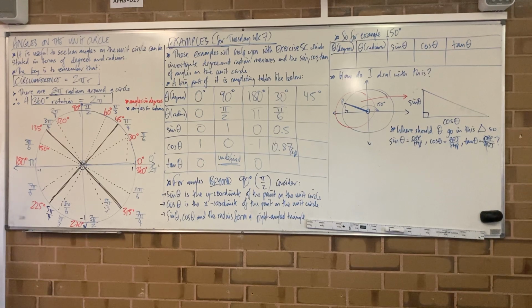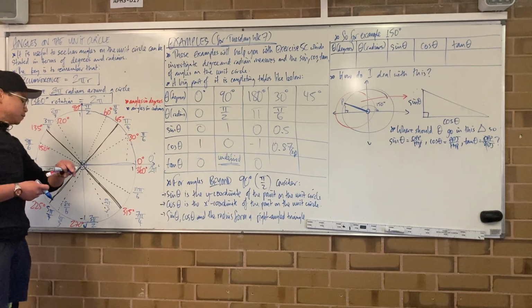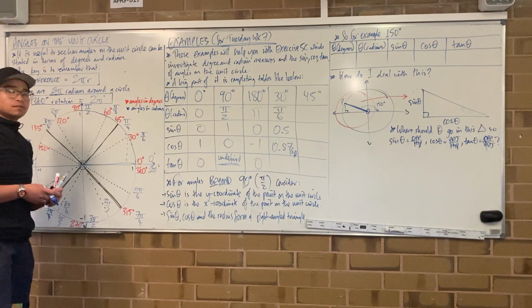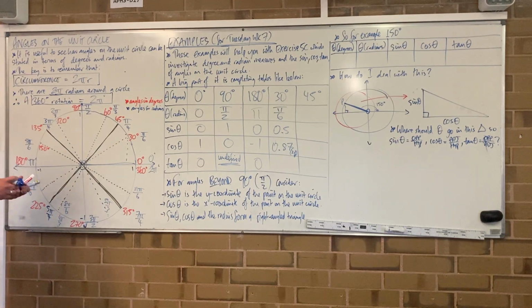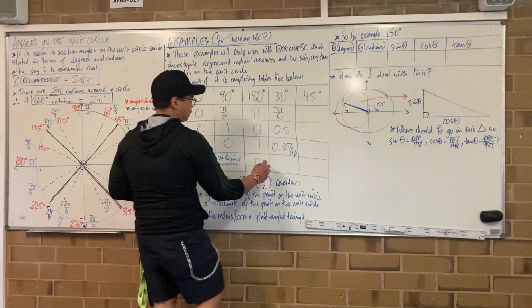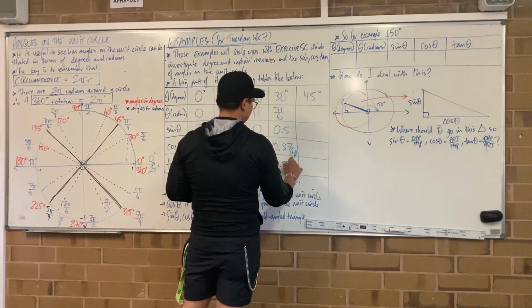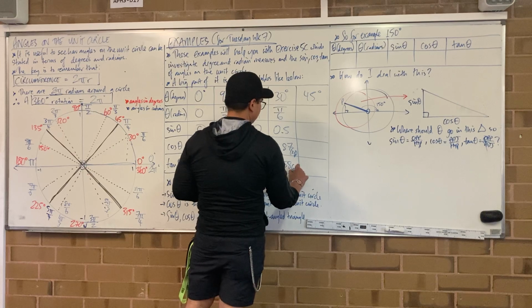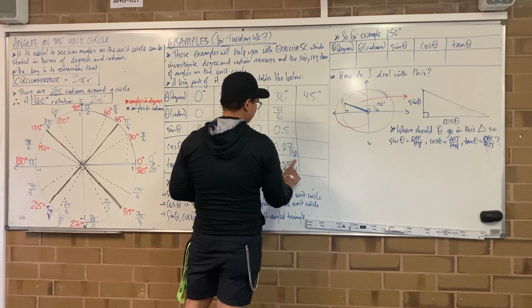It's not going to be exact. Got it? 0.5 divided by 0.87. Yeah. 0.57. 0.58. No, it's not. It's 0.574. Yeah. Round down. 0.57.